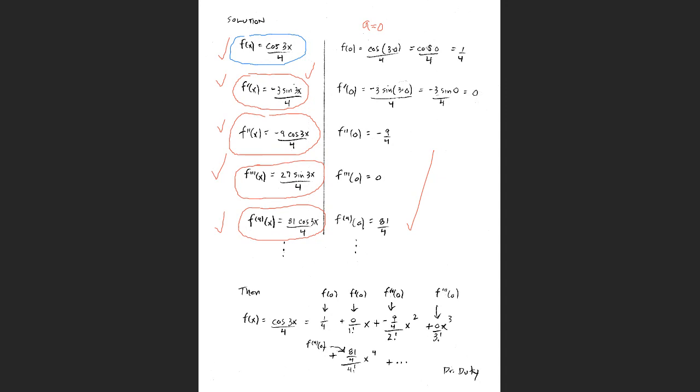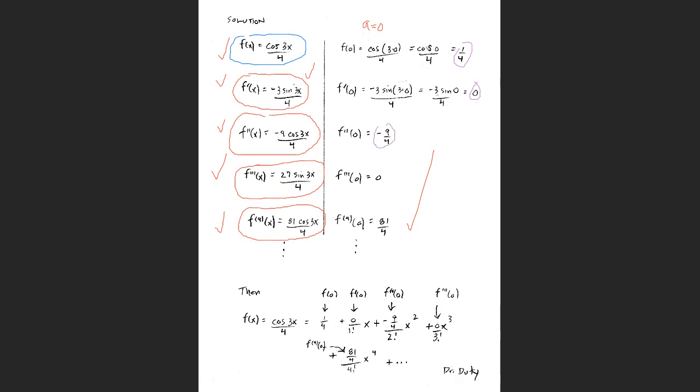Yes, Nathan. All right. So you see, I'm just evaluating. f of 0 was equal to a fourth. f prime of 0 equals 0. f double prime of 0 equals negative 9/4.